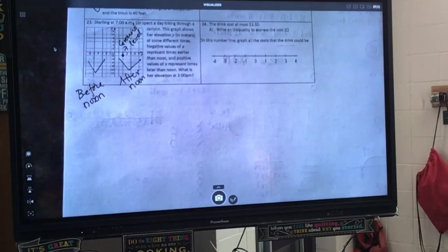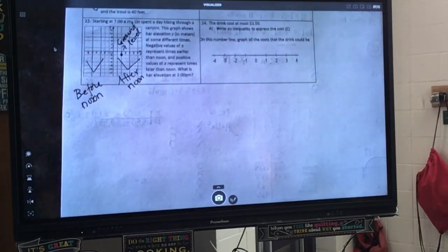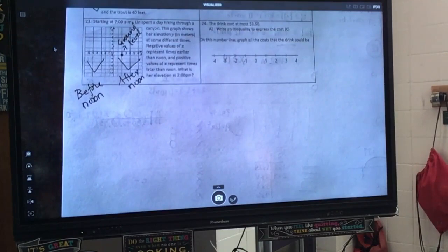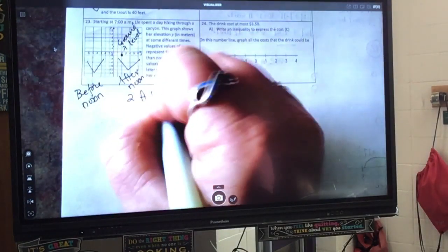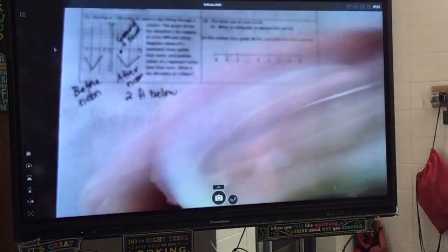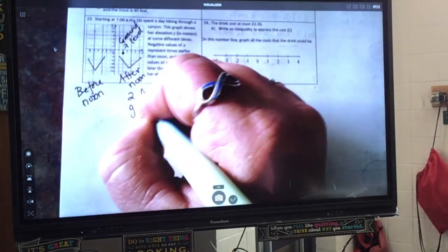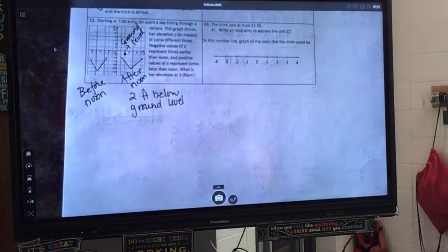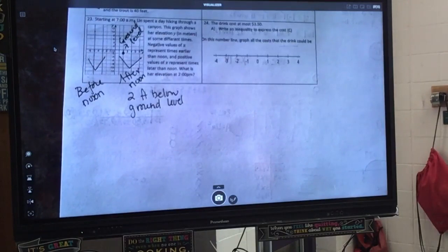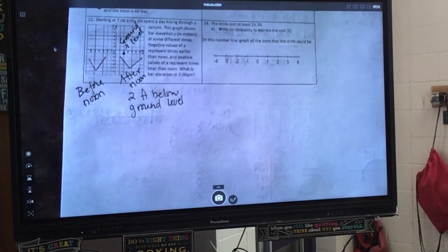All right, so what is her elevation then? Noah? 2 feet below. Yes. So 2 feet below. If you wrote sea level, that's fine. I'm going to write ground level. But essentially, again, it is the same thing. So if you have sea level on there, fine. If you have ground level on there, fine. All right, and then the last one.